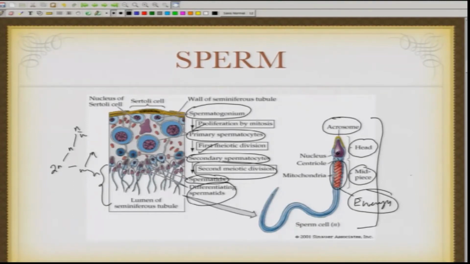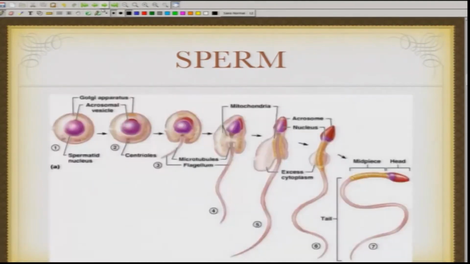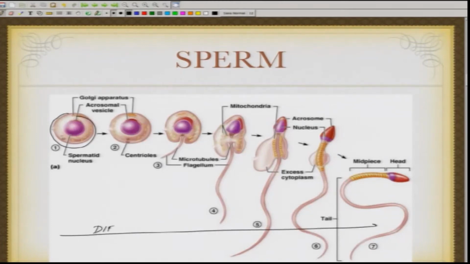So it's a very peculiarly beautiful structure, with a lot of energy support coming from the mitochondria present there. So this is how the sperm formation takes place. This is the whole cluster of the whole process of differentiation of sperm formation.